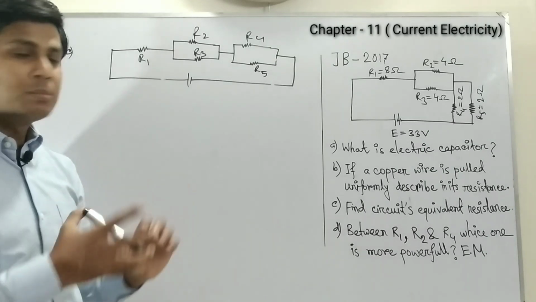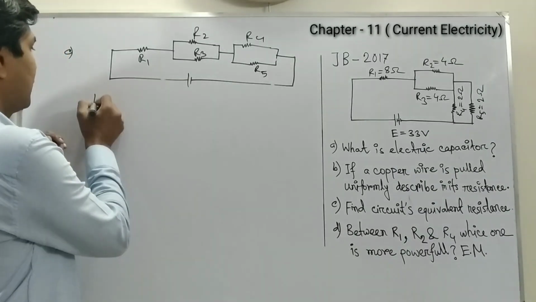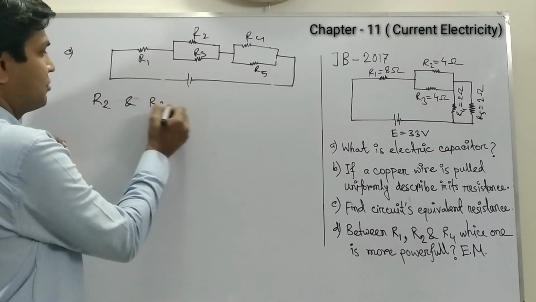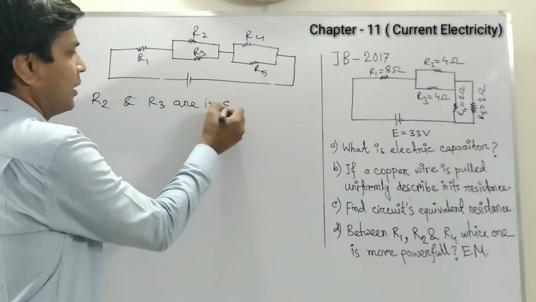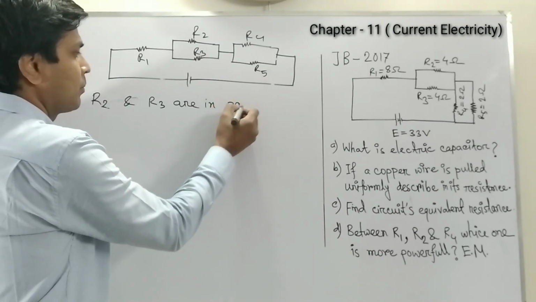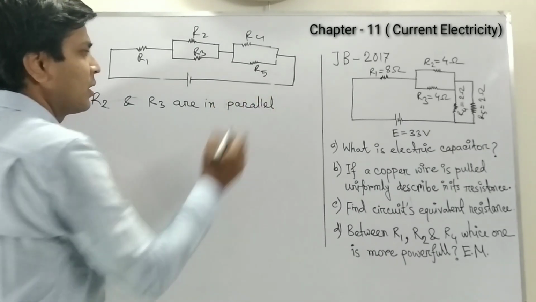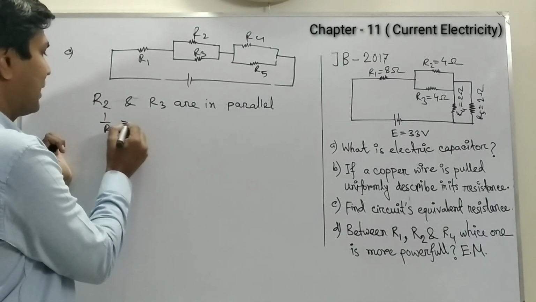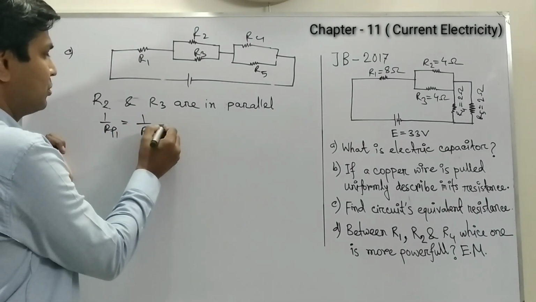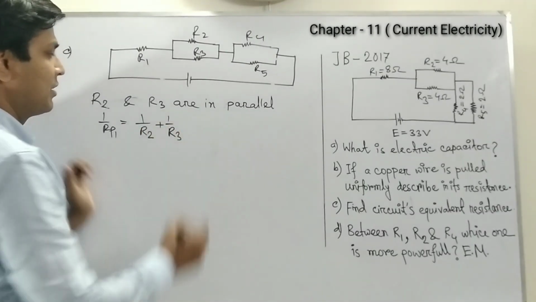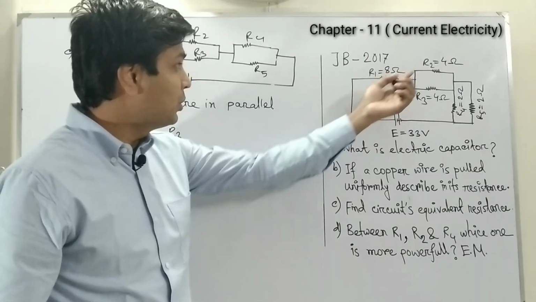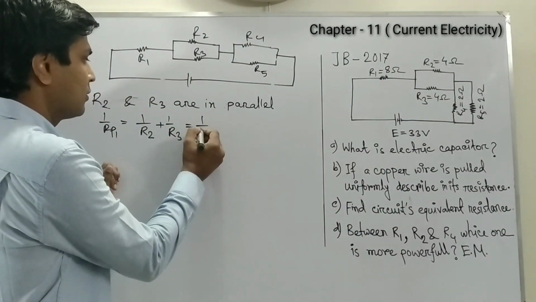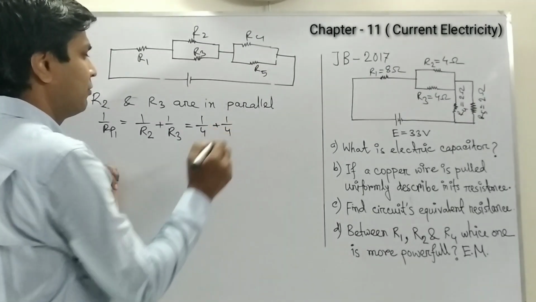Now, how can we solve that circuit? Here, R2 and R3 are in parallel, and we know the equivalent resistance of a parallel circuit is 1 by Rp equal to 1 by R2 plus 1 by R3, and the value of R2 is given here as 4 and R3 is also 4. 1 by 4, 1 by 4.